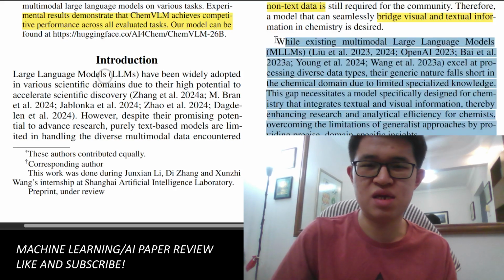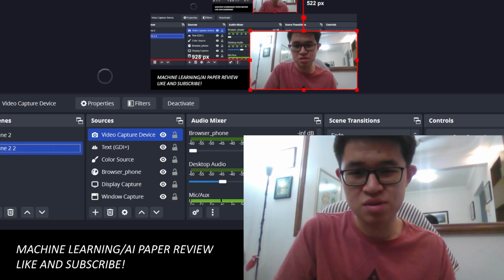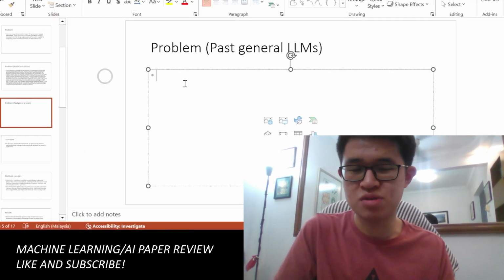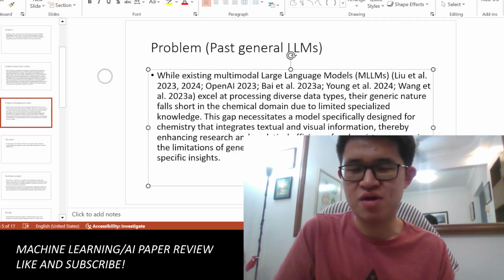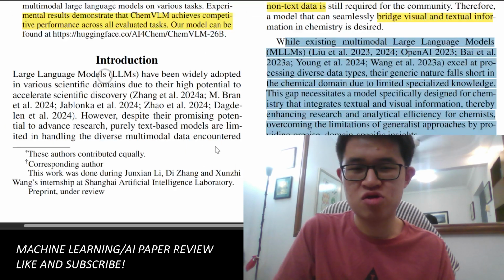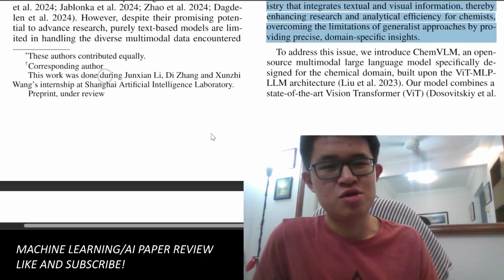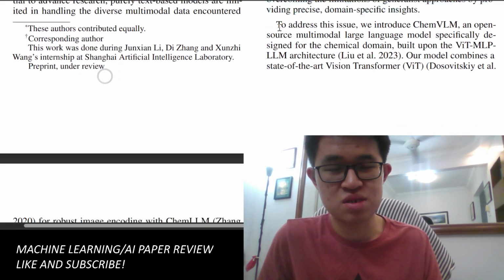They argue that these general models are not specialized enough, right? But to be honest, there should be results that convey their limitations, and I'm pretty sure they will show it eventually in the results there.